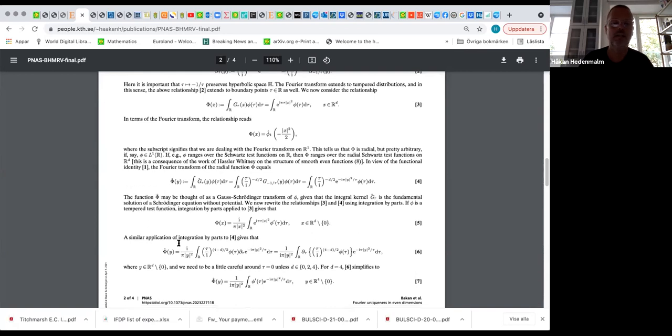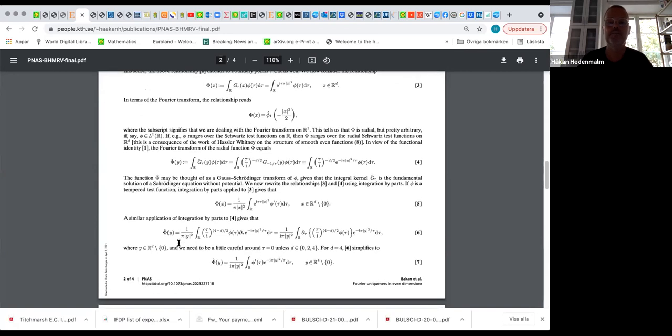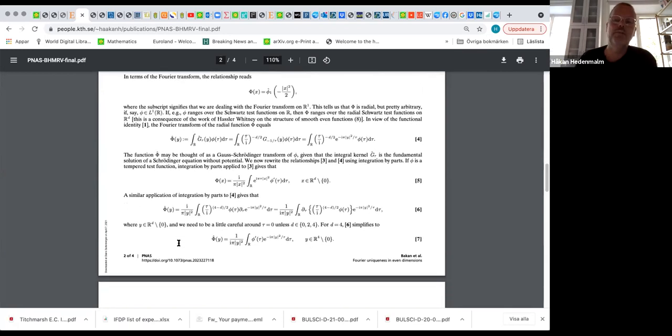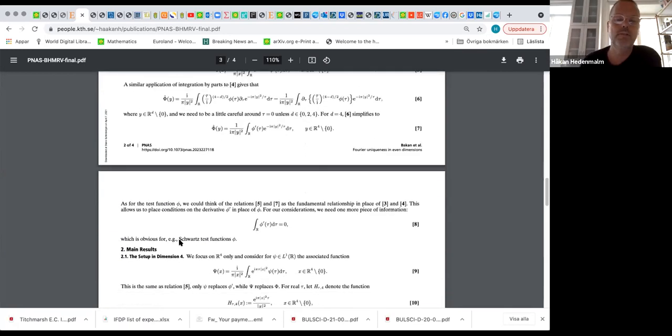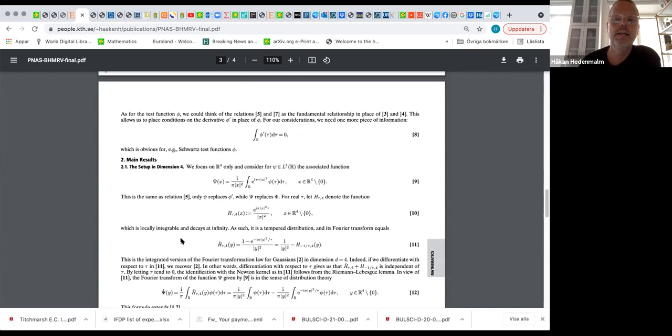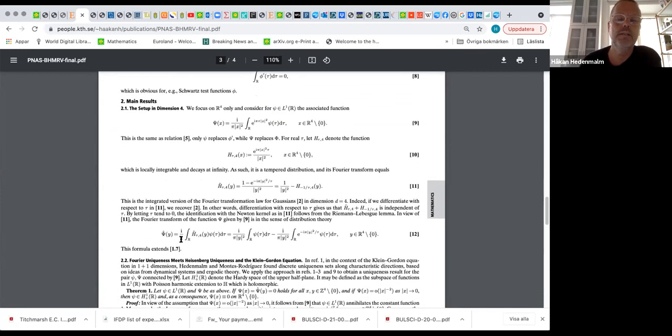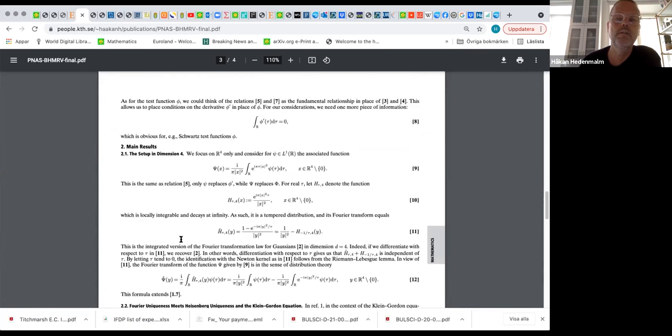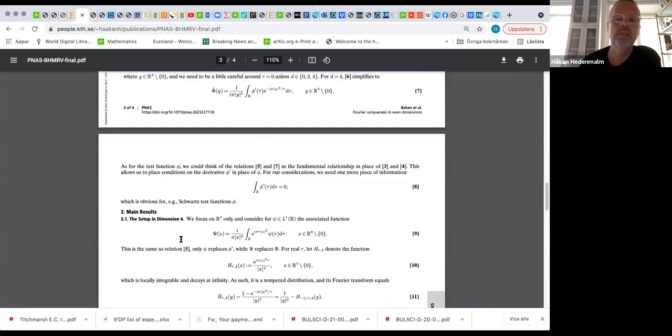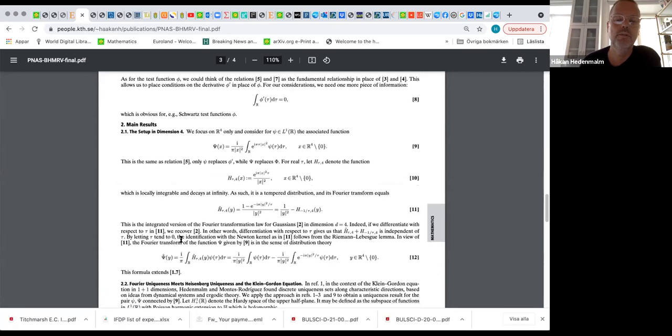And then there is a trick here, with integration by parts, and this integration by parts allows you to connect with this work I have with Alfonso earlier.